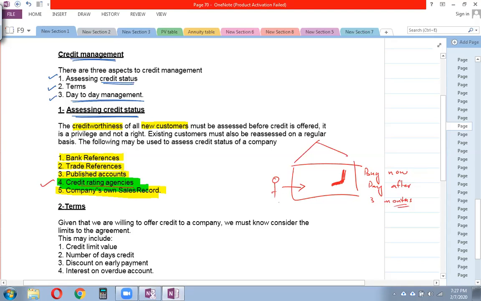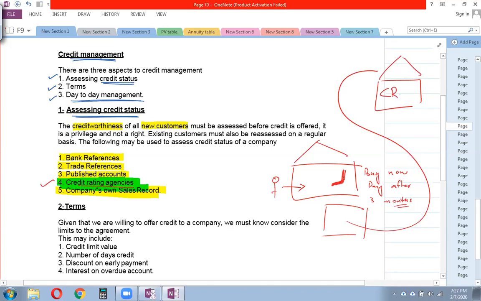When this customer visits your shop, you ask for his debit card or credit card, and you put that in the card machine. Now you will be automatically linked with the credit rating agencies, and by looking at the debit card, they're going to get some information and give it to you.